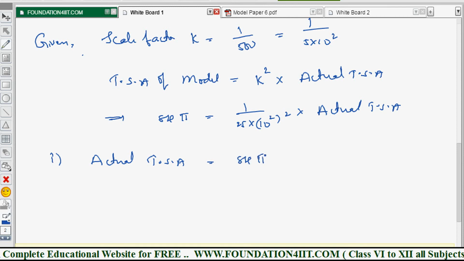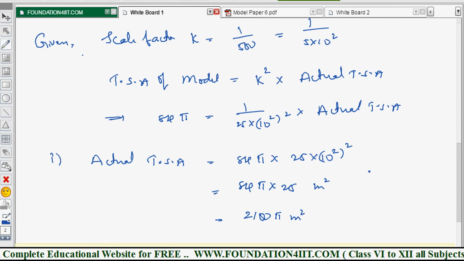That is 84 pi into 25 into 10 square whole square. If we remove the units, because 10 to the power 4 we should take for 1, then finally the answer is 84 into 25, so 2100 pi square meters.